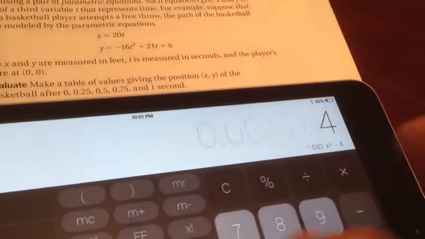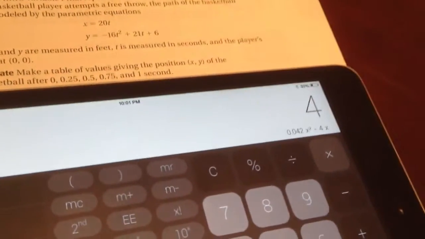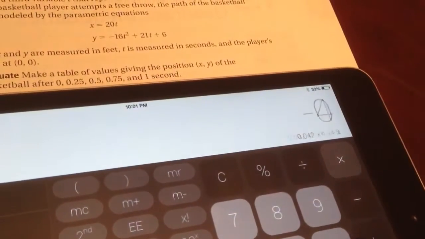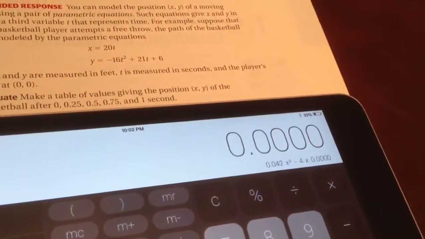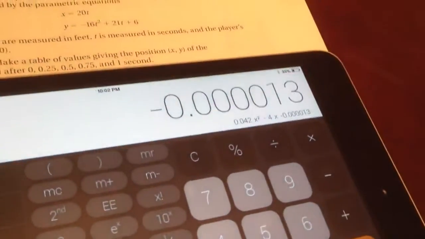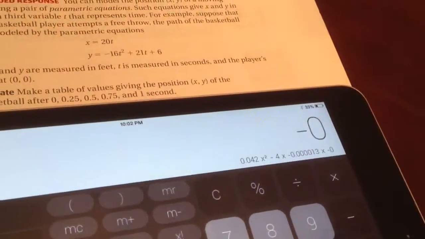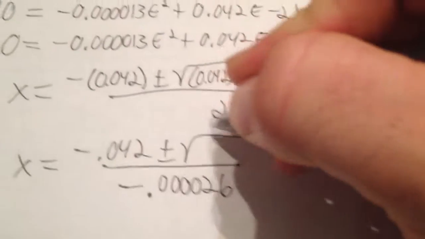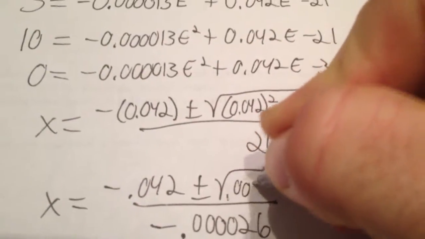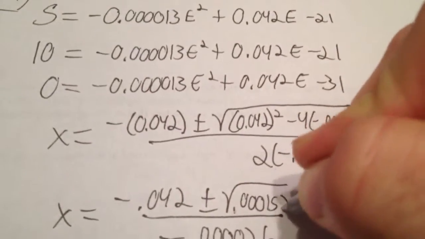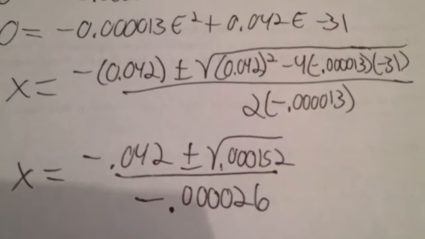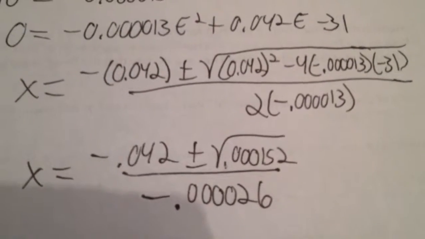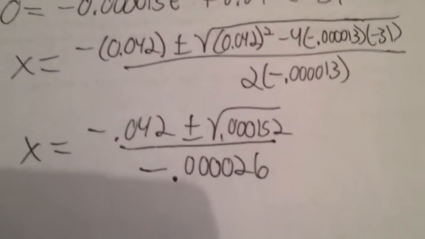And then you're going to minus 4 times negative 0.00013 times negative 31 equals 0.000152 inside that radical. And that is pretty ugly in there, but that happens from time to time.